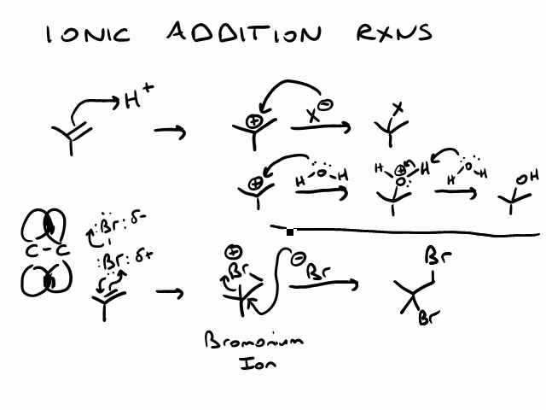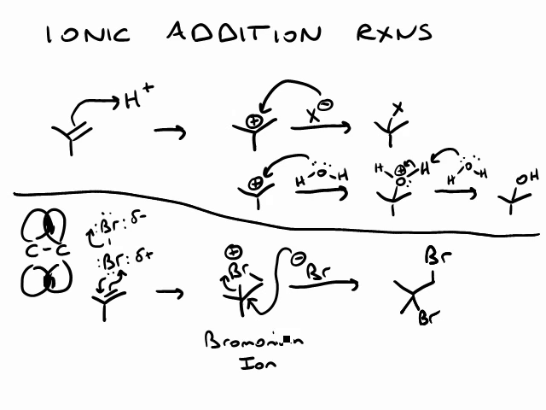Now, these reactions are all ionic addition reactions, or all mechanisms that are ionic, but notice the difference. Up here, we have the pi bond attacking H+, forming a carbocation, and then the nucleophile attacking that carbocation. So there's 2 discrete steps, protonation followed by nucleophilic attack.